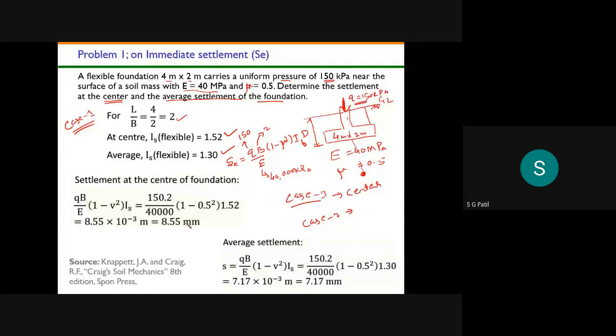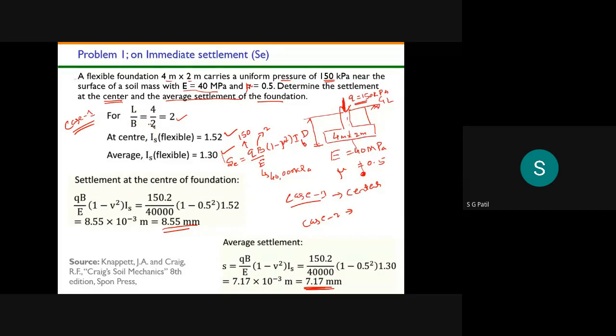For the center I got 8.5 mm settlement, and the average settlement is 7.17 mm. The only thing you have to remember is the formula. Then you get the L by B ratio and refer to that table.